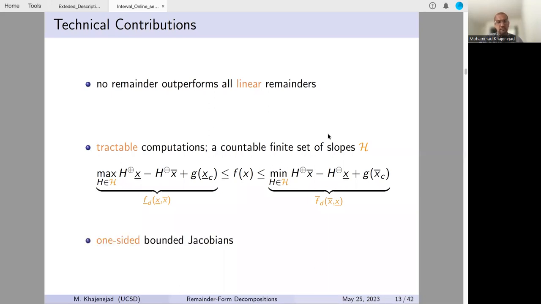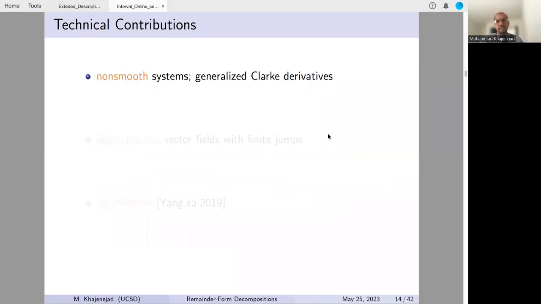Also, we showed that we really don't need the Jacobians to be bounded from both sides. We only need them to be bounded from one side in each dimension. Moreover, this design is also applicable for non-smooth systems using generalized Clarke derivatives instead of the usual derivatives of the system. And we can even apply it for discontinuous vector fields if they have finite and countable jumps.